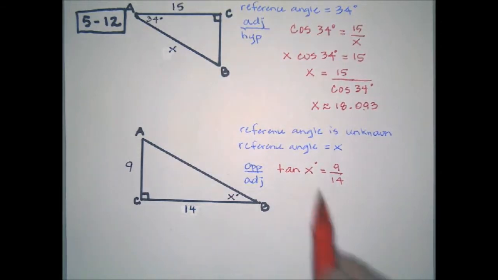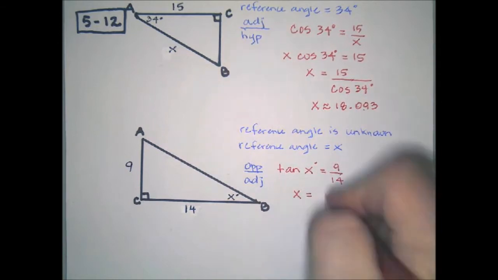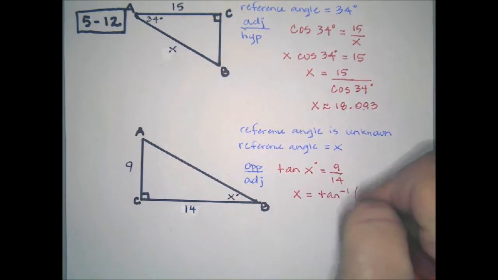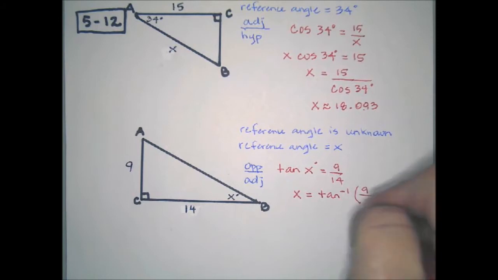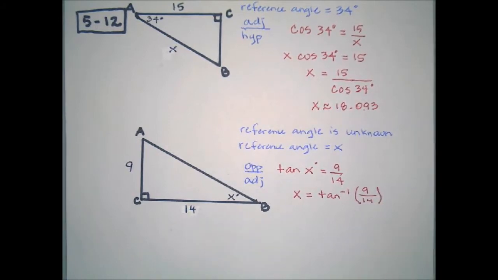Now, if I want to solve for x, this is one of those inverse functions. X is going to equal tan negative 1 of 9 over 14. Now, another way of saying tan negative 1, inverse tangent, is arctan.